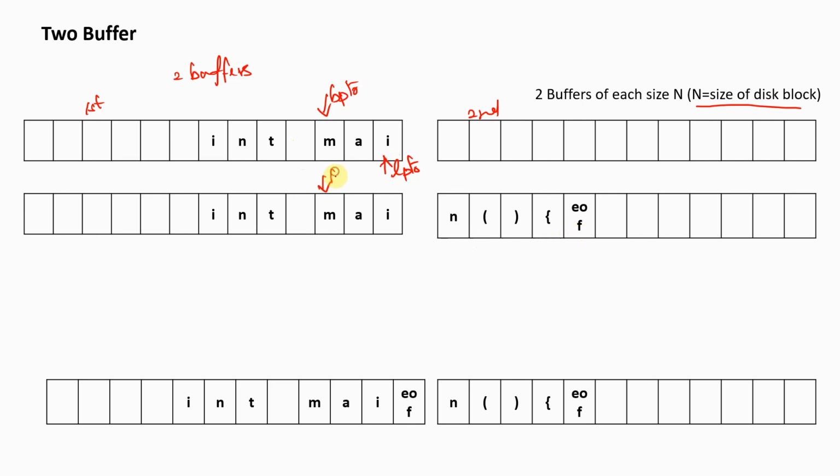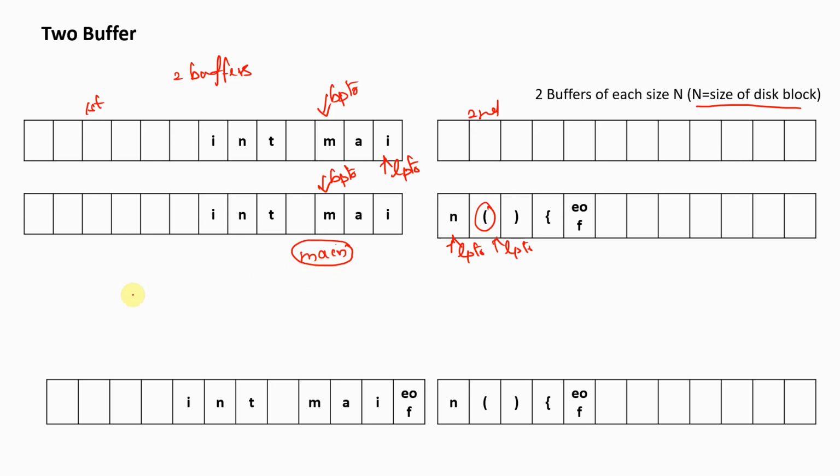Now you see the beginning pointer is here and the look ahead pointer is here, and after the next iteration the look ahead pointer comes here. It identifies a special symbol, so the token it read is main. It identifies it as a keyword and it is stored in the symbol table.